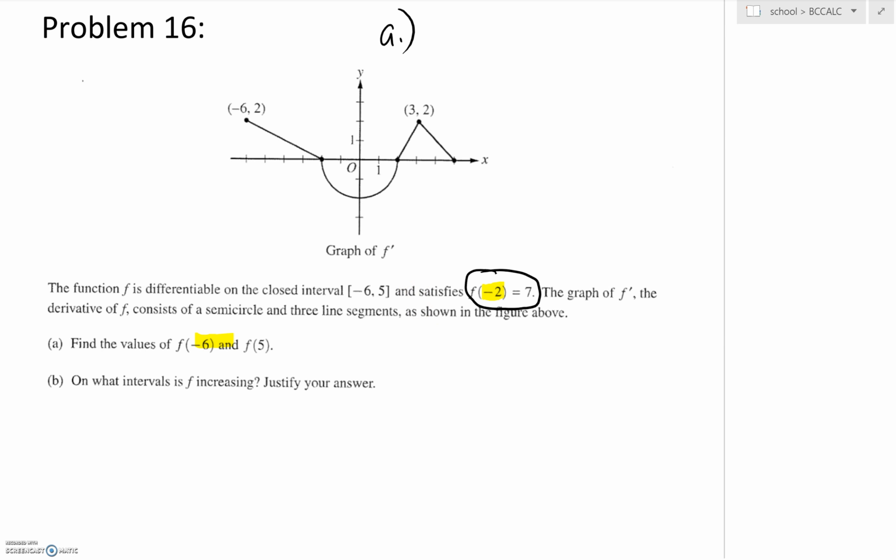So I'm going to set up an integral from -6 to -2. The reason why is I'm told something about x equals -2, and I'm looking for f of -6, and I'm going to integrate f prime right here.